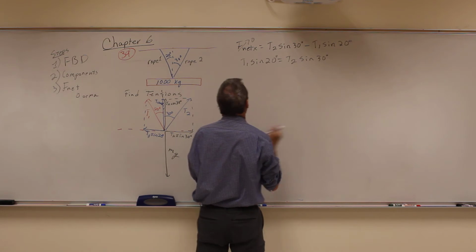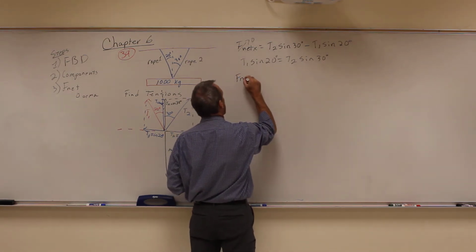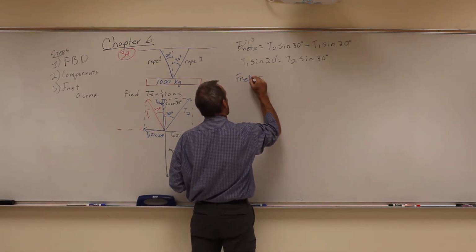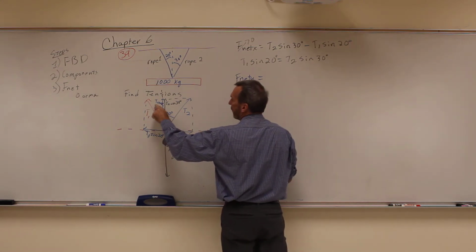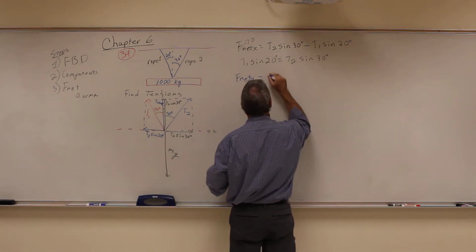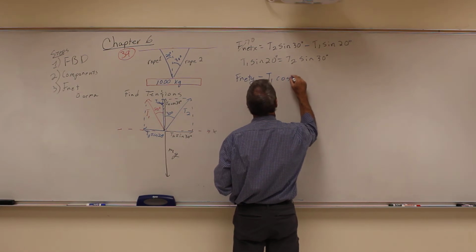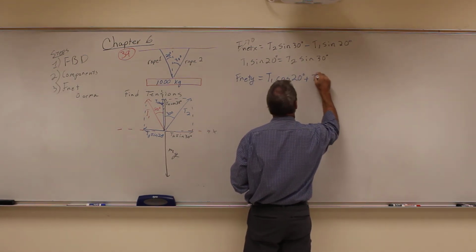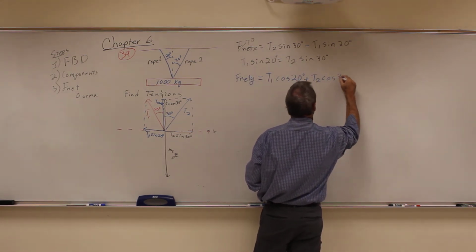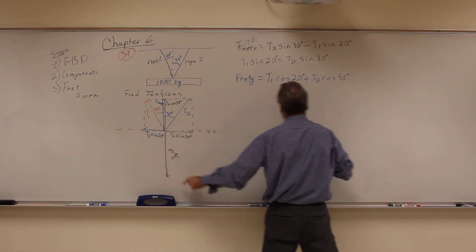So I'm going to have to do F net y. So let's do F net y. In the y directions I have, right here, both these are positive. So I have T1 cosine of 20 degrees plus T2 cosine of 30 degrees minus mg.